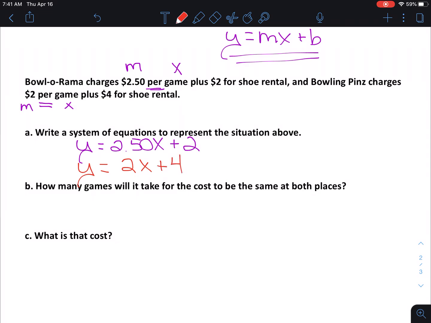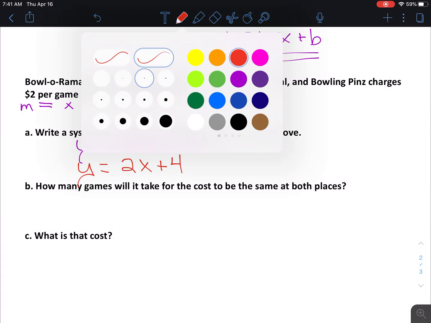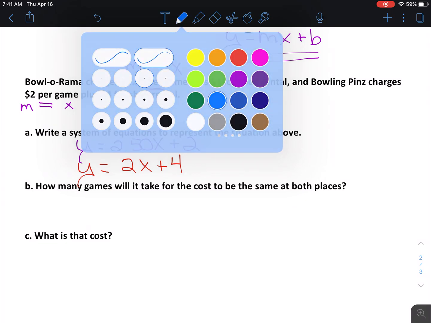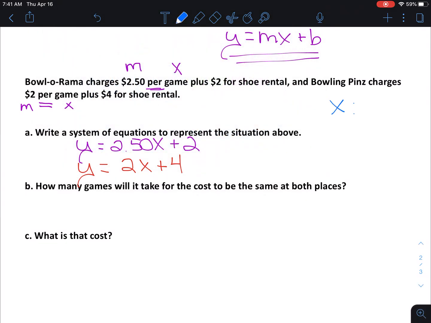Now, before you go any further, you want to identify what x and y are. So I'm going to do that over here. x, we said right above that first one, x represents the number of games. And then let's do y.